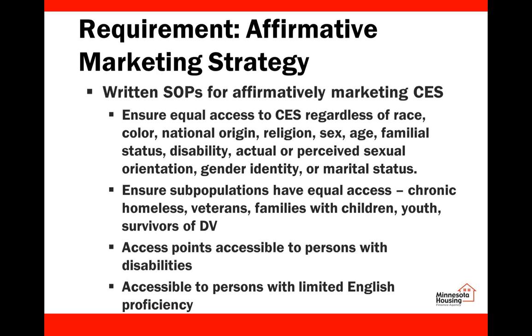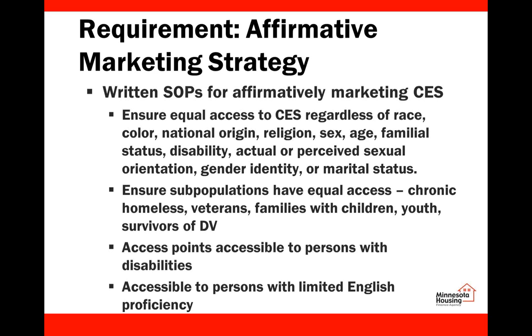We also want to ensure that different homeless subpopulations have equal access as well. Those subpopulations could include chronically homeless persons, persons who are veterans, families with children, youth, and survivors of domestic violence. In addition, all access points, or front doors, or entry points into the crisis response system to the continuum of care have to be accessible to persons with disabilities.